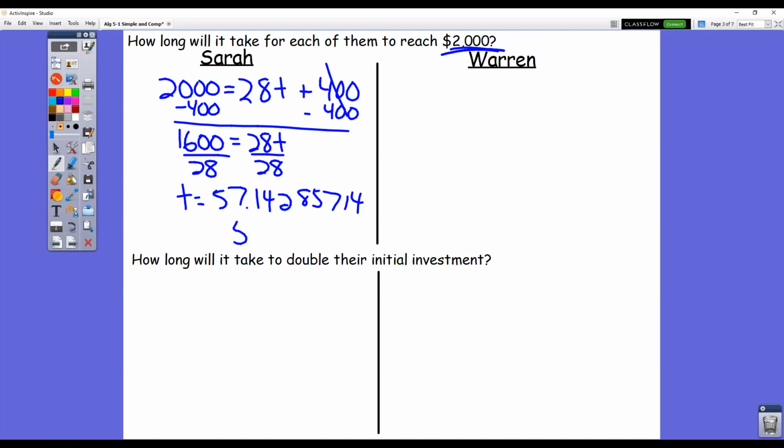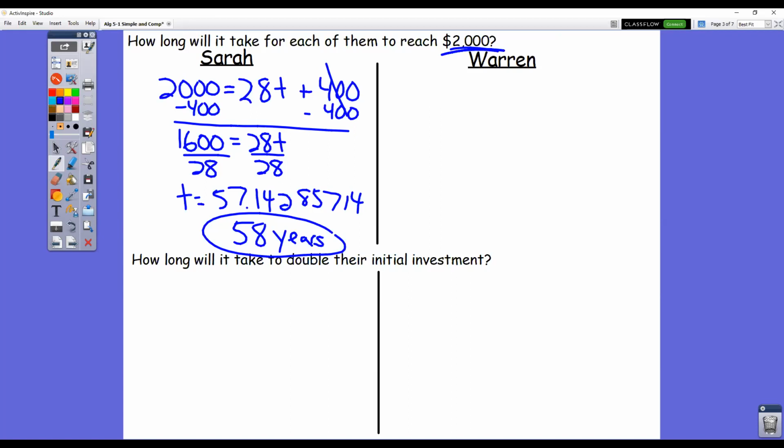So it would take her 58 years to reach that. Now, 57.1 doesn't round to 58, but in the context of the question, you don't get paid simple interest until the end of that year. So that 57 and change would be 58 years because she gets paid at the end of the year.